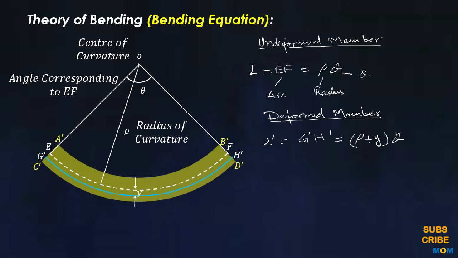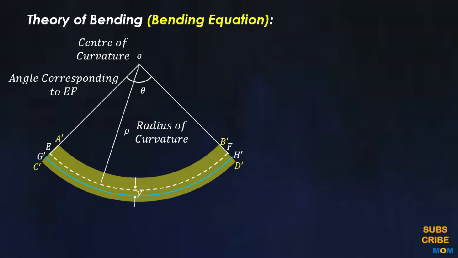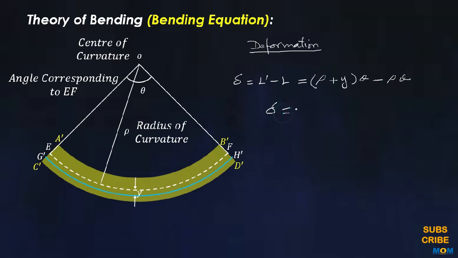Now from this we calculate the deformation, that is del is equal to L dash minus L equal to rho plus y theta minus rho theta. So the deformation del is equal to y theta.